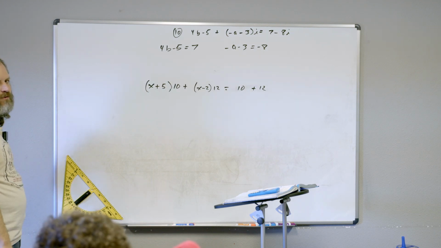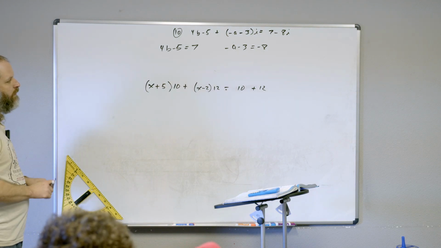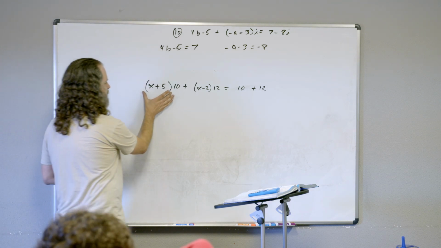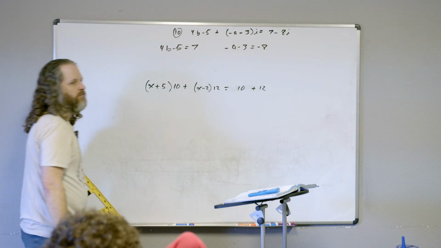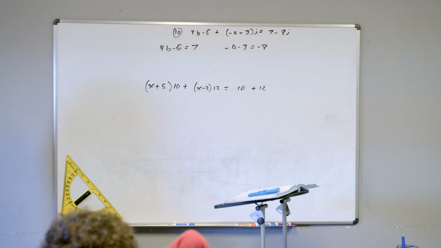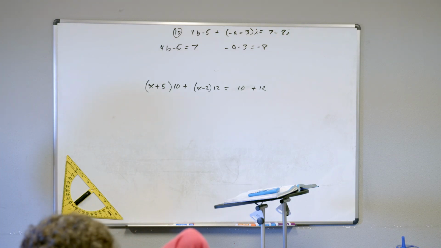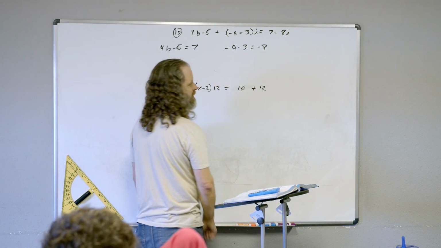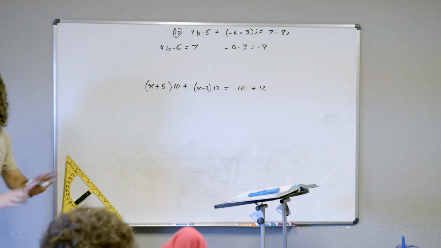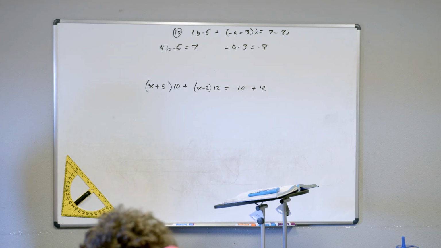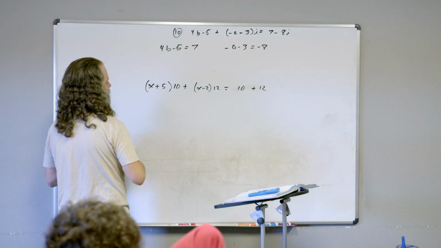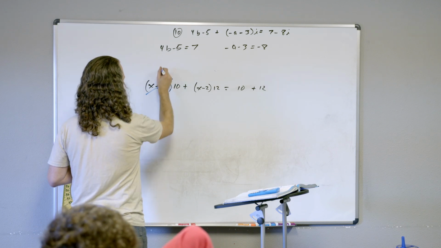What do the parentheses equal in this equation? Without doing any math, what does this equal and what does this equal? I mean, x plus 5 and... Yeah, but what does it equal? We can look at that right now and I can cross these out and replace them with a number without doing anything else.